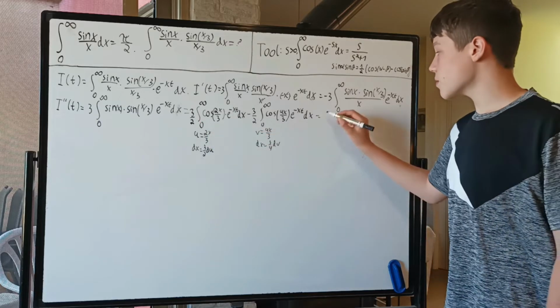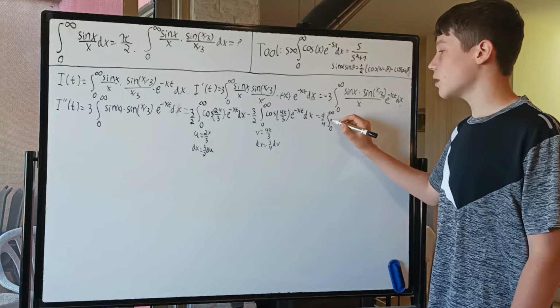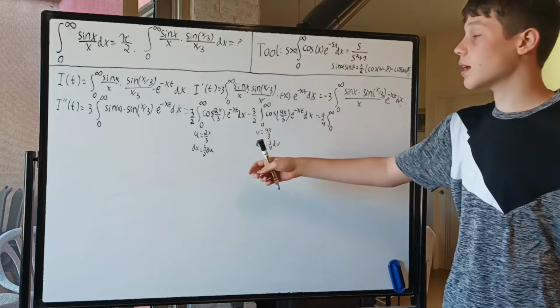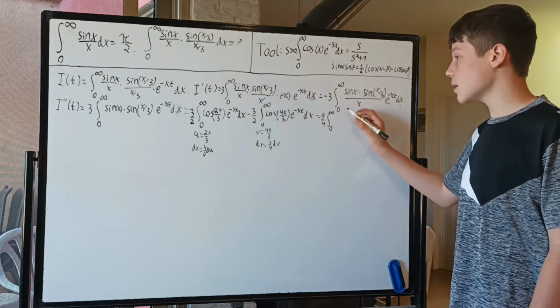3 over 2 times 3 over 2 is 9 over 4. And the integral from 0 to infinity, because at x equals 0, u is 0, and as x goes to infinity, u goes to infinity, so the bounds stay the same.